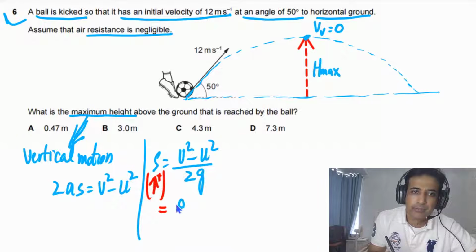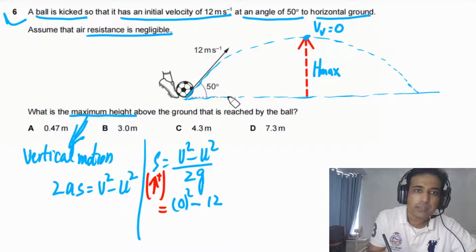So we will write on here, this is u₀ squared, because the final velocity at this point is equal to 0, the vertical component. For the initial velocity we have 12, and the vertical component is this one. So this is the vertical component of the initial velocity and this one is horizontal.